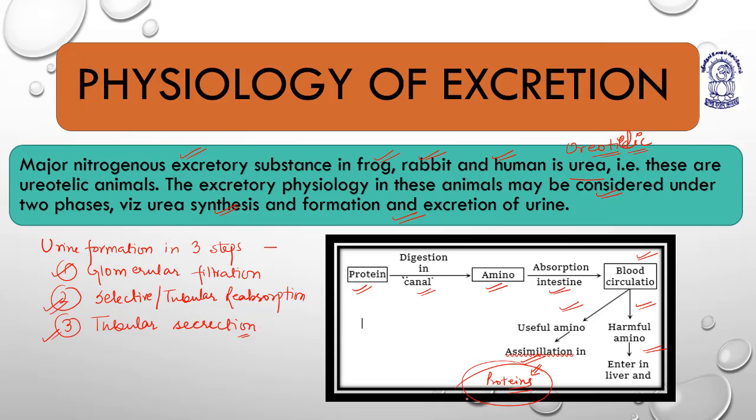These amino acids include the essential and the non-essential amino acids. The essential amino acids are required for making developmental proteins and enzymes, while the non-essential amino acids are required but do not function as enzymes. They enter the liver and get metabolized to form the nitrogenous waste, that is urea.